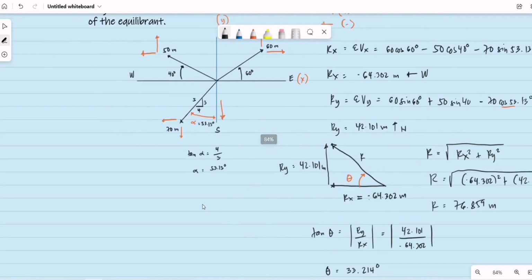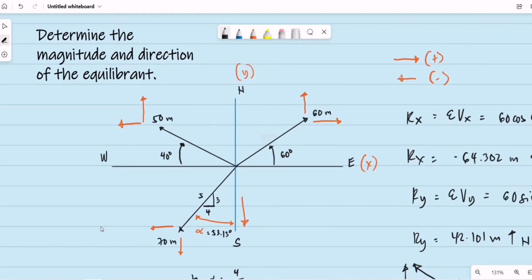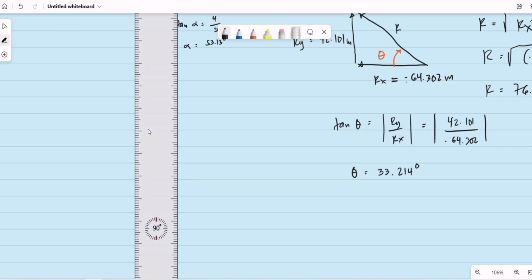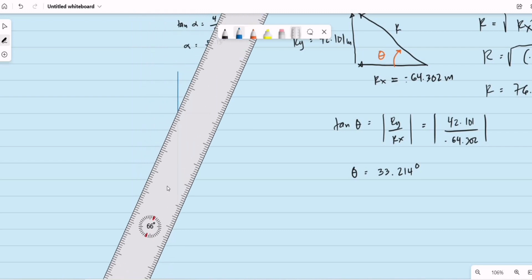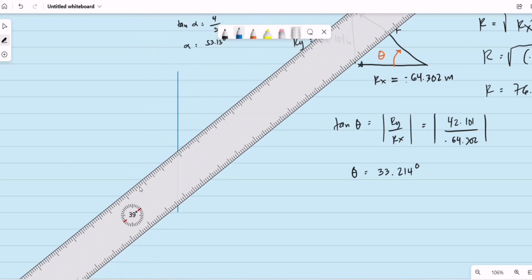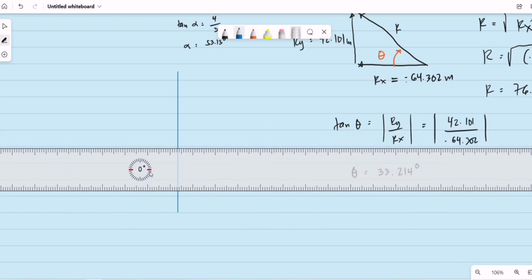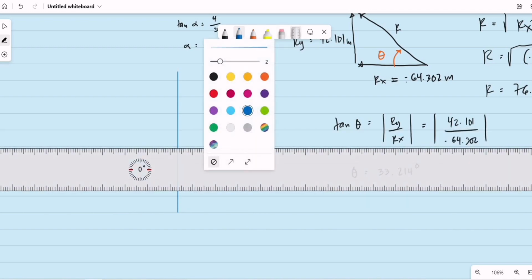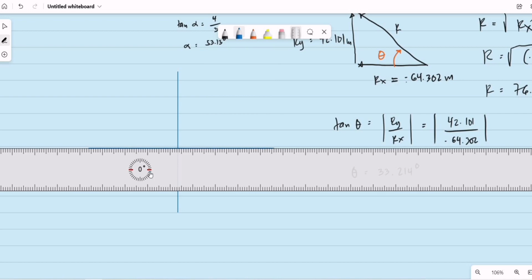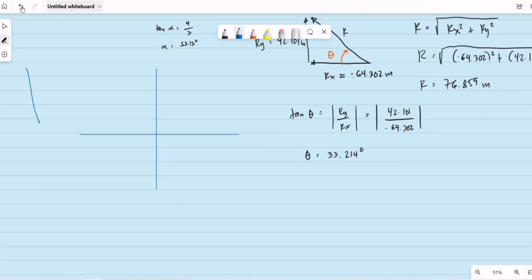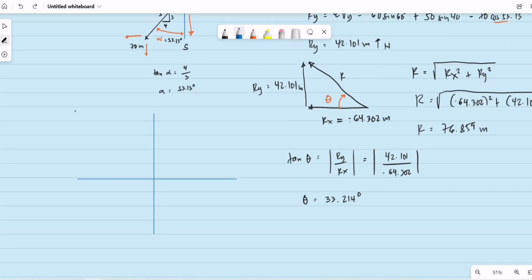If we are now to draw our resultant, so this will be the direction.